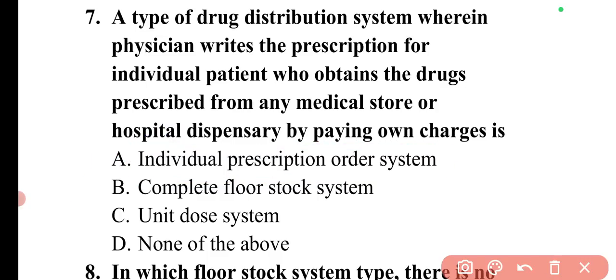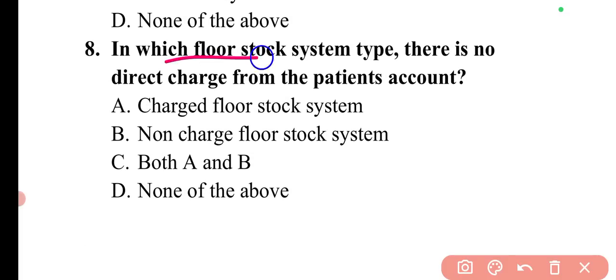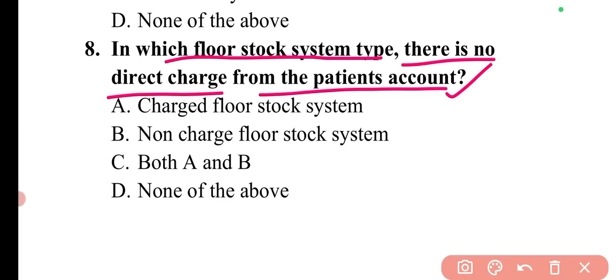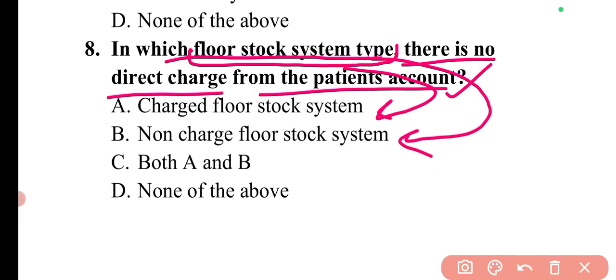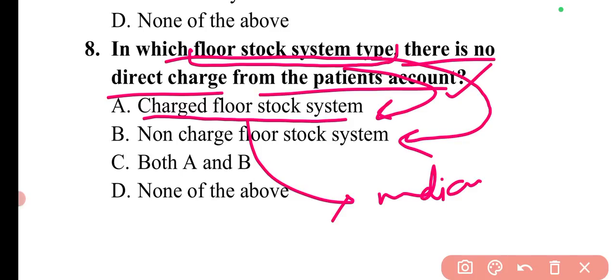Then next question is, in which floor stock system type is there no direct charge from the patient account? So basically in floor stock system, there are two types. It can be a charged floor stock system or a non-charged floor stock system. In the charged floor stock system, the medicines are stocked in the nursing station area.